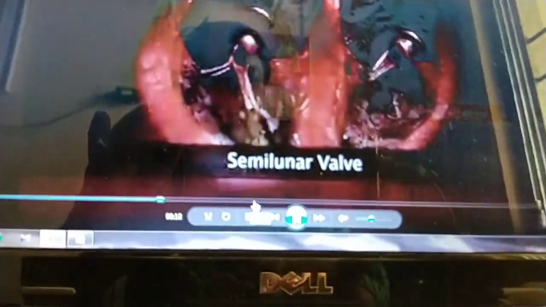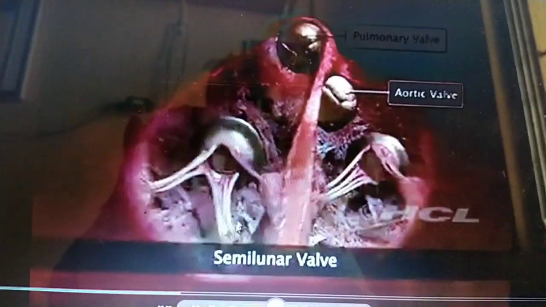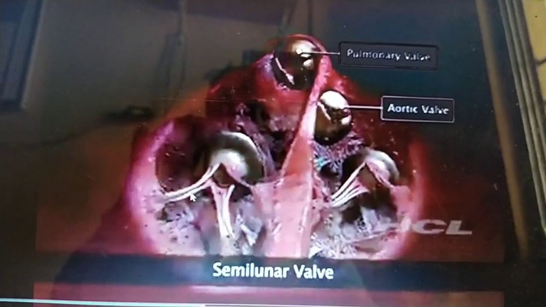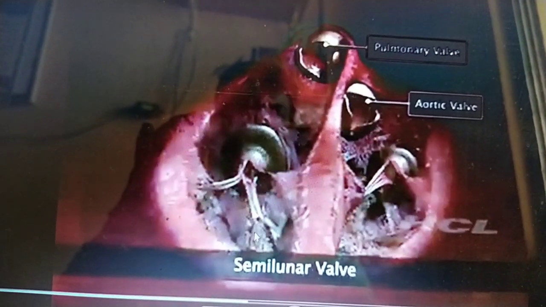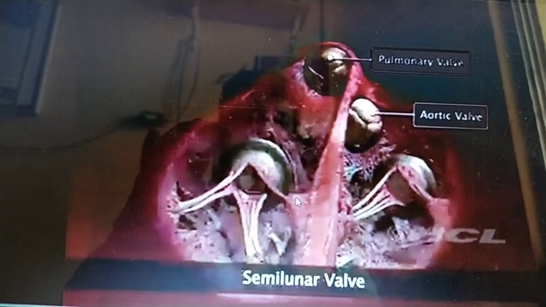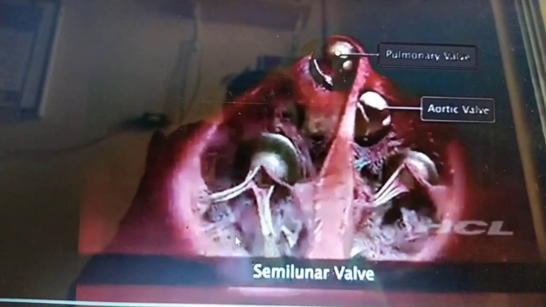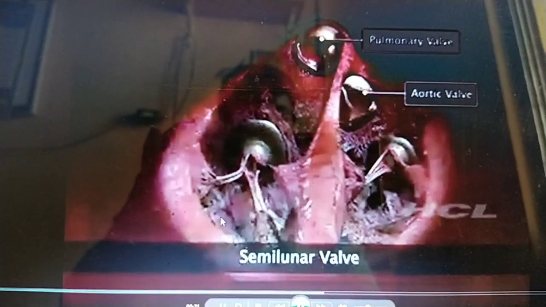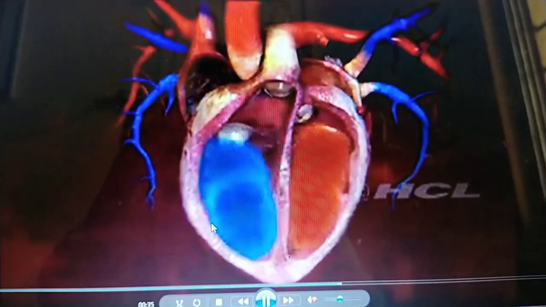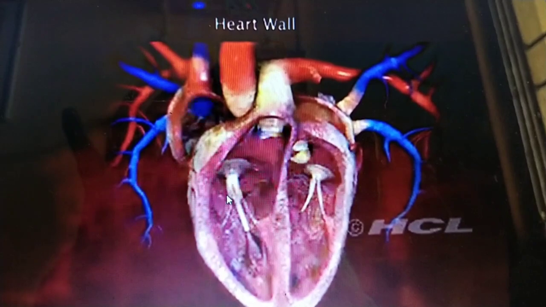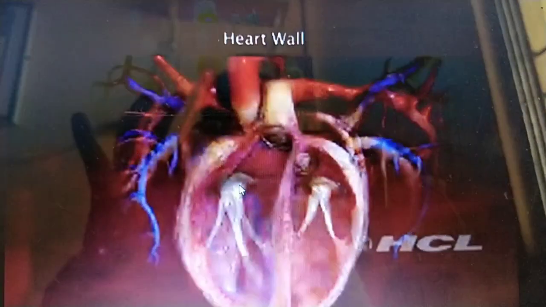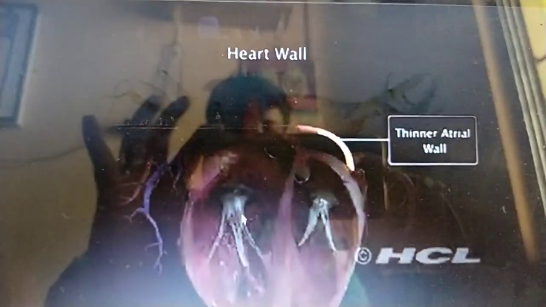These are the anterior, posterior, and septal papillary muscles, and these are the trabeculae carneae. You can see here these are the atrioventricular valves.